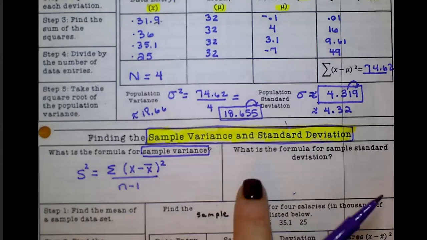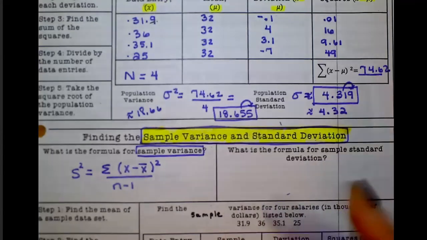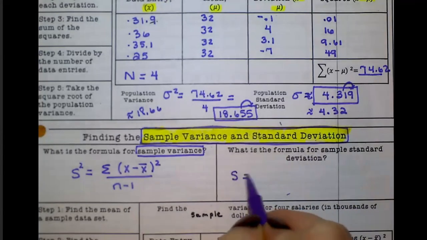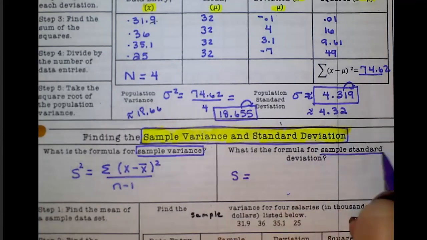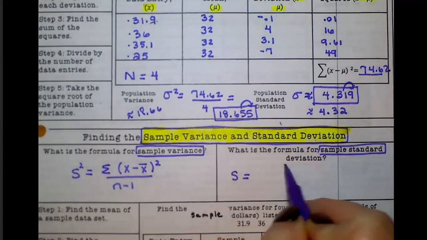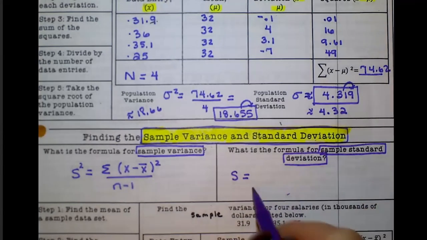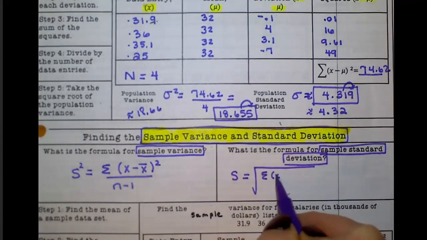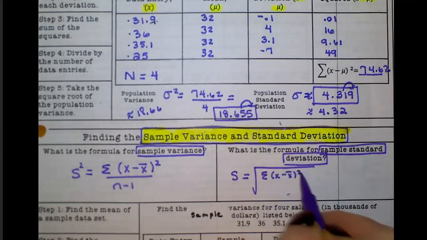When you go to this part, you're just going to take the square root again. So the standard deviation of the sample is going to be the square root of all that. So I'm just recopying that over.